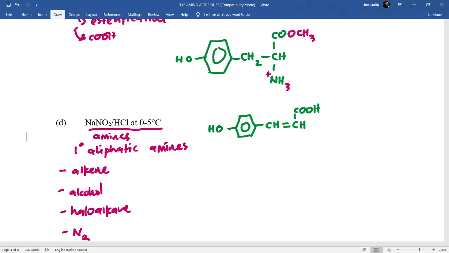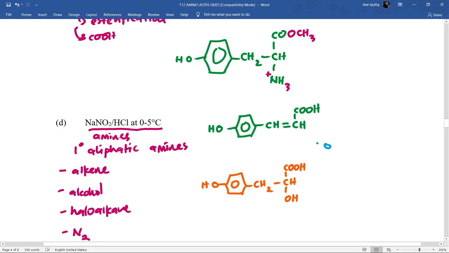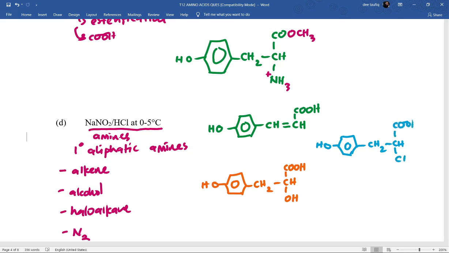Next, we will also have the alcohol: OH, benzene ring, CH2, CH, OH, COOH. And then we will also have the haloalkane: OH, benzene ring, then CH2, CH, Cl, here Cl, COOH.